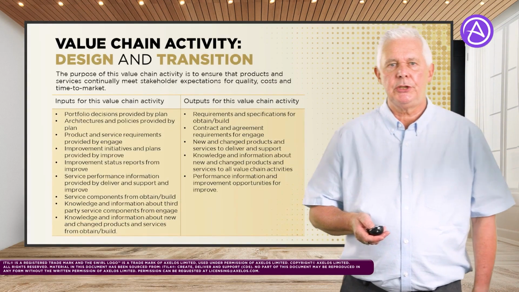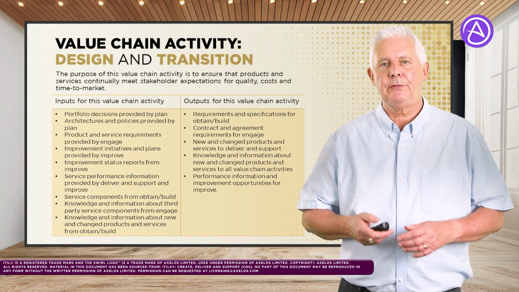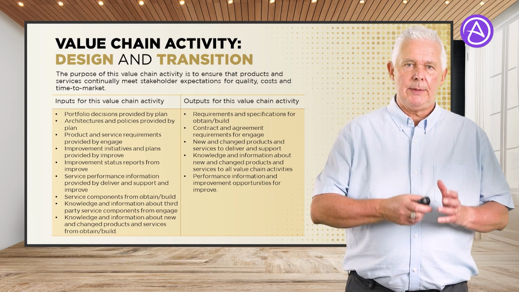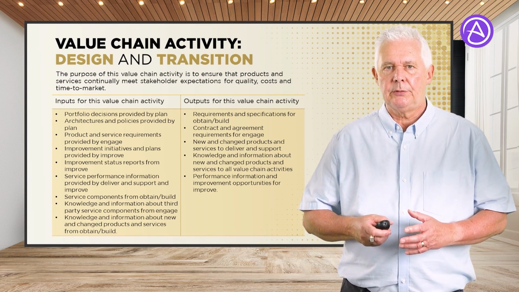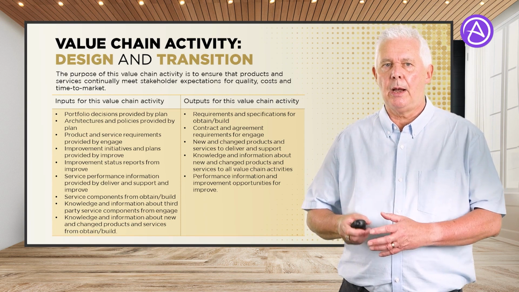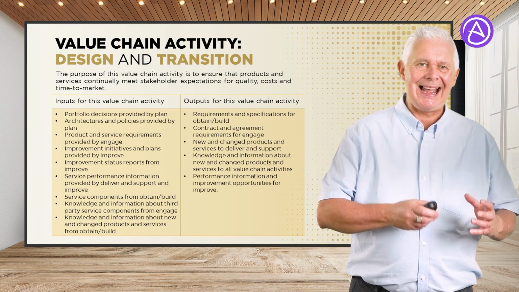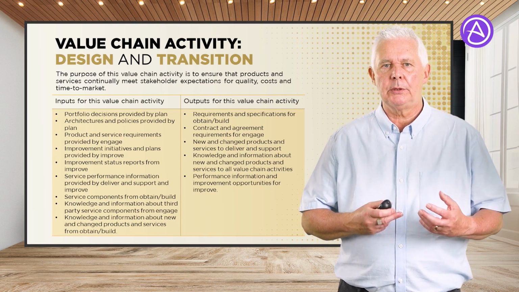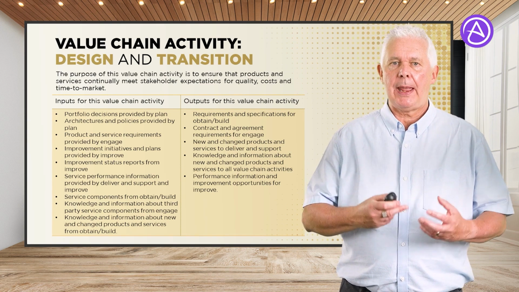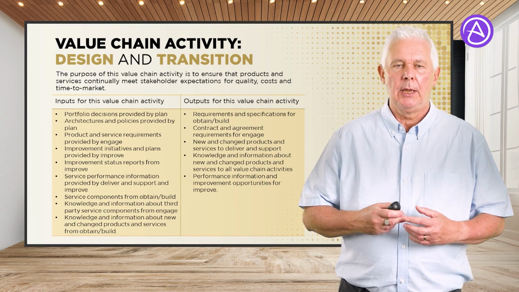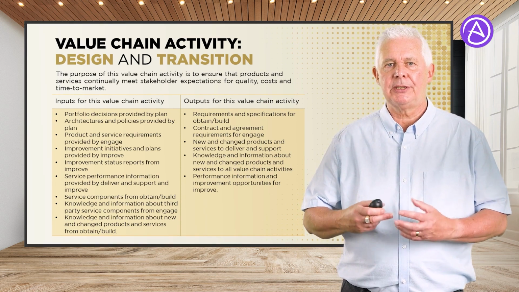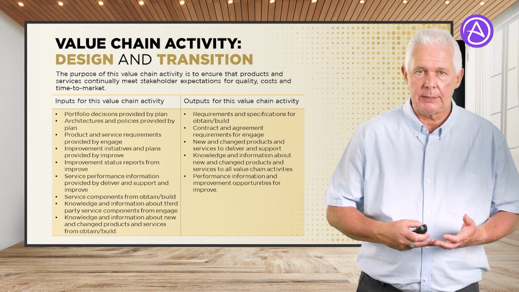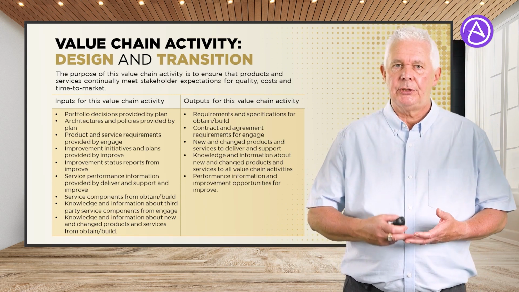So design and transition. Okay, so the purpose of this value chain activity is to ensure that products and services continually meet stakeholder expectations for quality, costs and time to market. If you think of the design activity, that's very much about understanding what the requirements are, what the stakeholder expects from a changed or new product or service. And of course the transition element is the ability to deliver that to the required quality, to budget and to time.